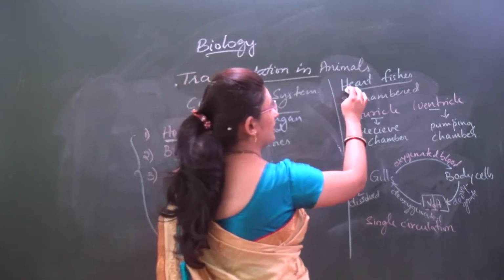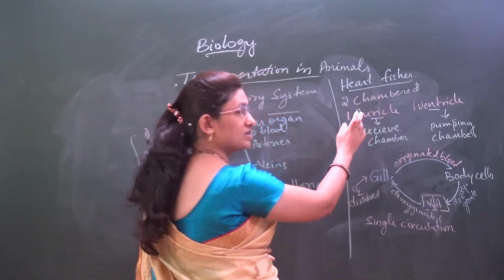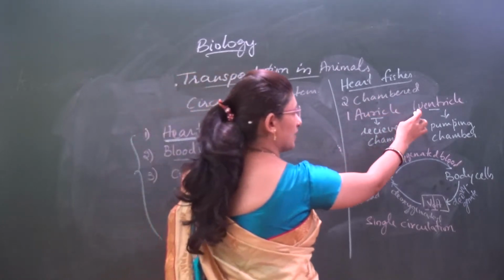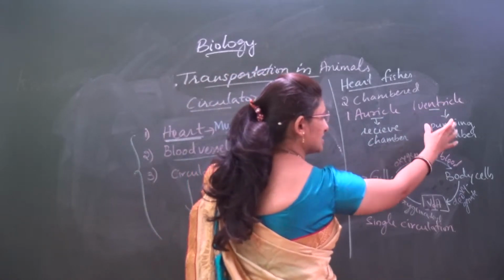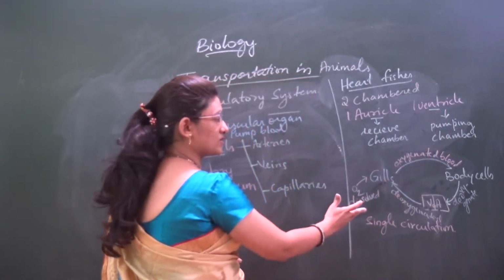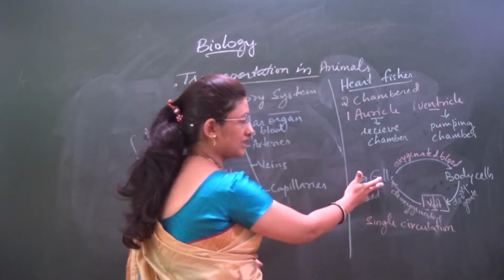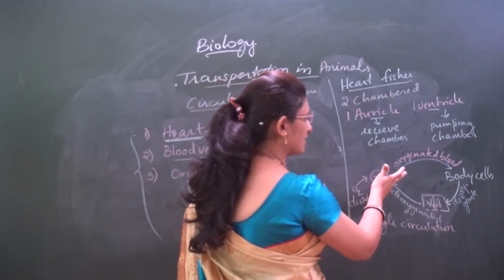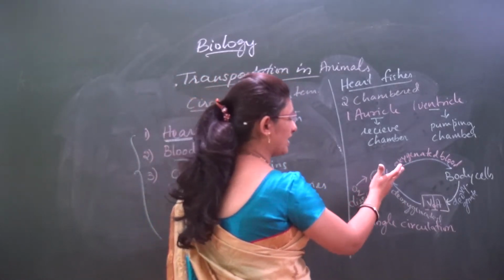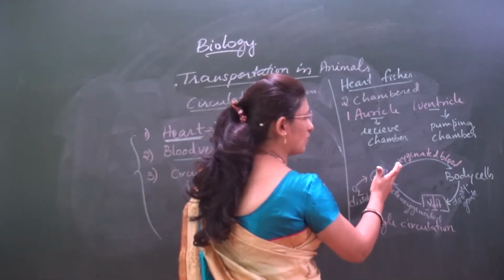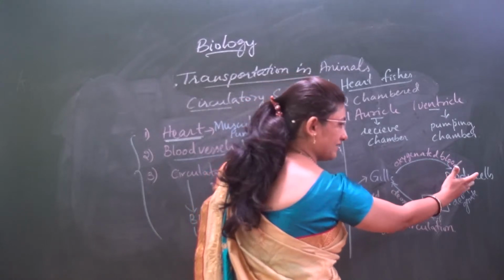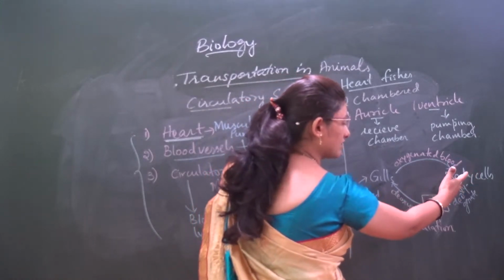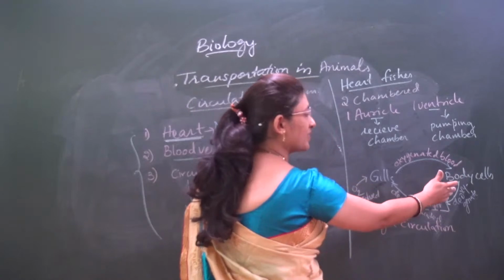Heart in fishes is two-chambered, consisting of one auricle and one ventricle. Auricles are the receiving chamber, ventricles are the pumping chamber. Dissolved oxygen from the water enters into the gills. The gills take up the oxygen, and the blood, now called oxygenated blood, moves up into the body cells. Cellular activities are carried out. The carbon dioxide is released into the blood.